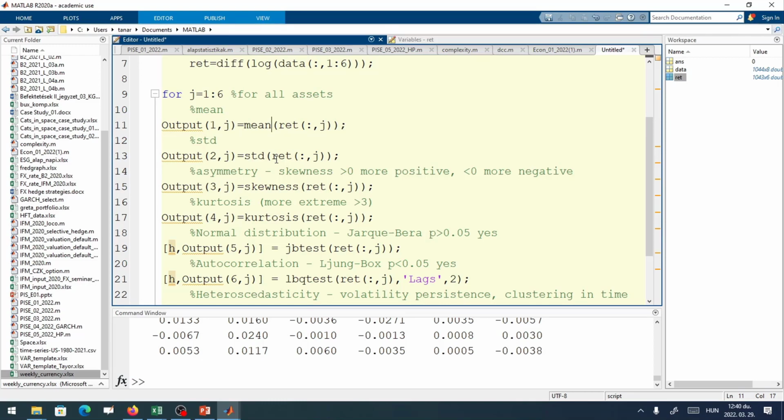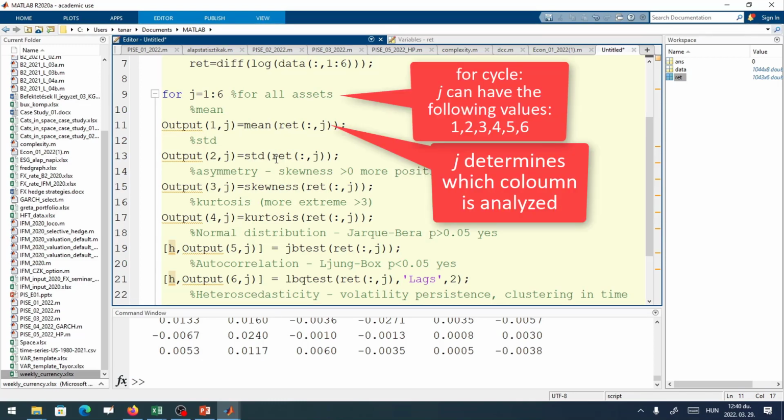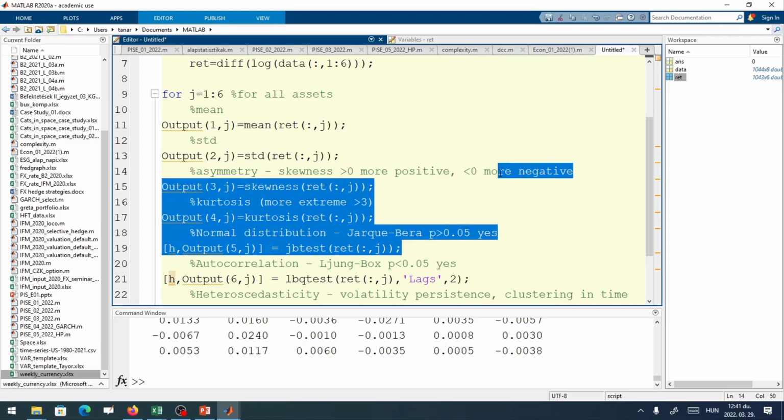Maybe only once, because I'm writing a for cycle, which means that I'm asking the script to please check the first column of the data, second column of the data, and so on. So all 6 columns of the data, so this j variable can be everything. And please analyze the mean, the standard deviation, the asymmetry, so the skewness of the data, the kurtosis of the data.